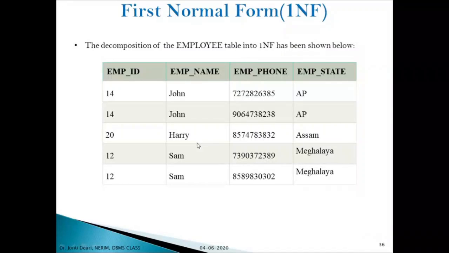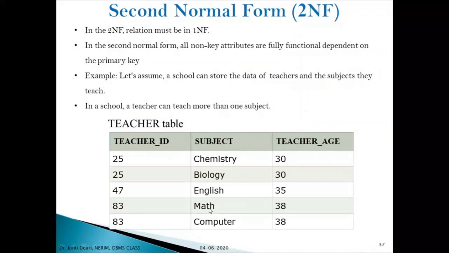Okay, now we come to the second normal form. To be in the second normal form, it must be in the first normal form, that means it should not have multi-values.